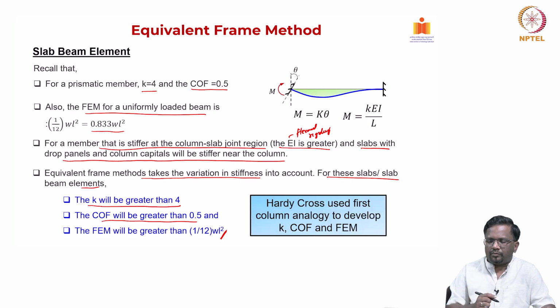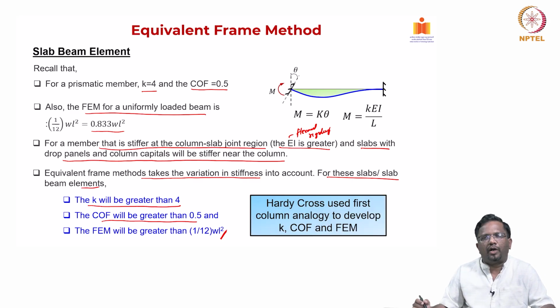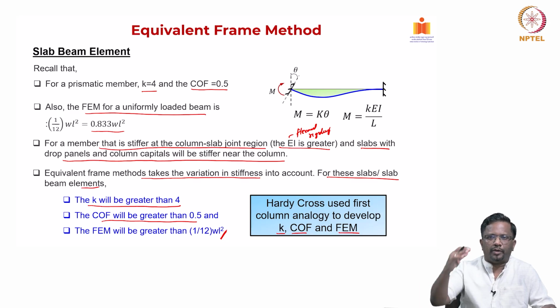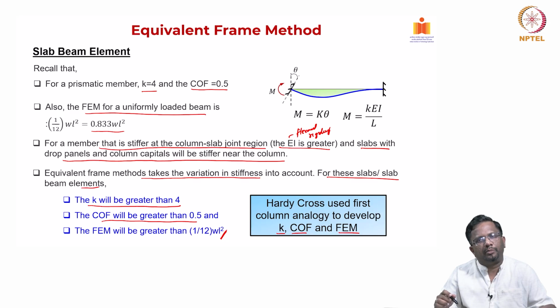Professor Hardy Cross was the first one to use the column analogy method to develop this stiffness factor, carryover factor and fixed end moment. So, for PT slabs or flat slabs and flat plates, there are tables available depending upon the boundary condition that you have. These coefficients can be taken directly from the table.